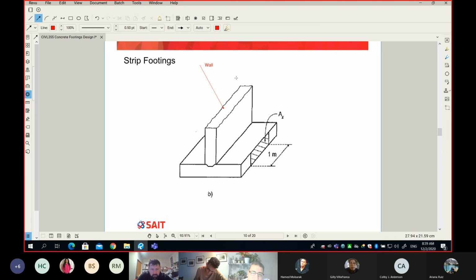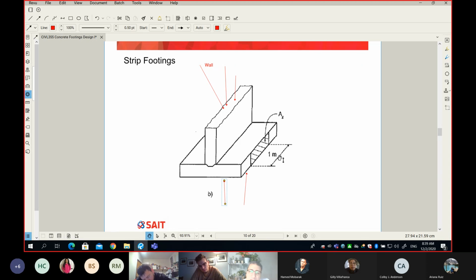The wall is simply pushing down like so, and when the wall pushes down and the soil reacts with the soil pressure, this here will work as a one-way slab. It cantilevers out from both sides. And the way we design it, we will design it as a one-way slab with everything you learned in my class. It does not change.